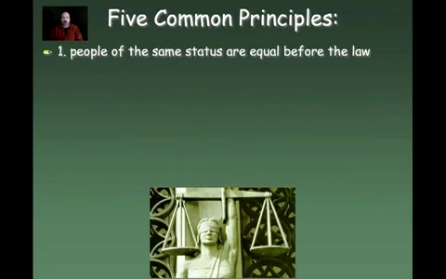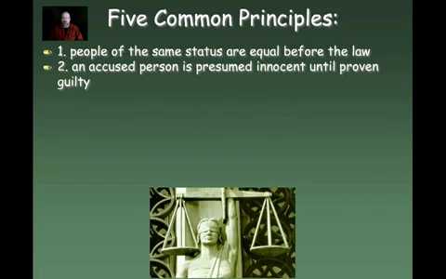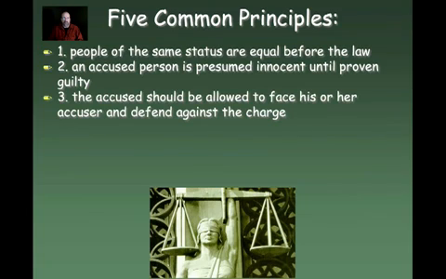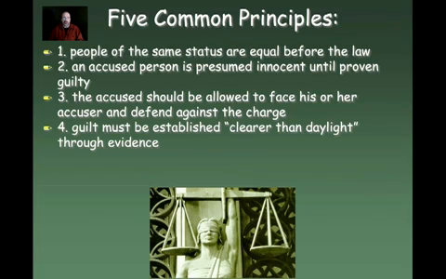Now let's take a look at the five common principles of those 12 tables. Number 1, people of the same status are equal before the law. Number 2, an accused person is presumed innocent until proven guilty. Number 3, the accused should be allowed to face his or her accuser and defend against the charge. Number 4, guilt must be established clearer than daylight through evidence.